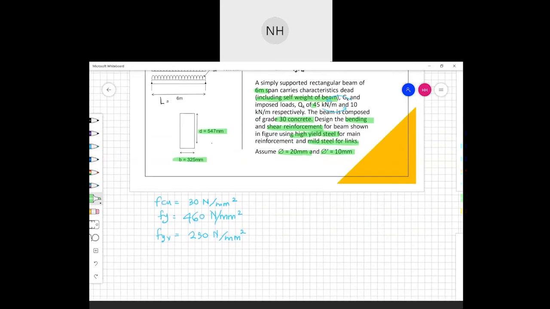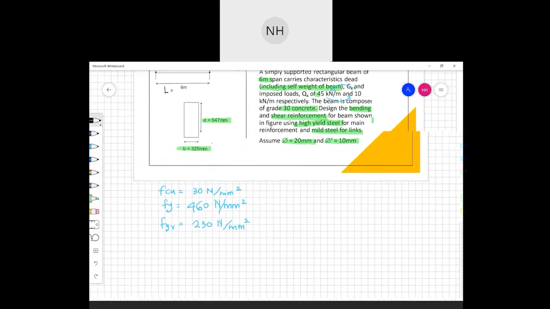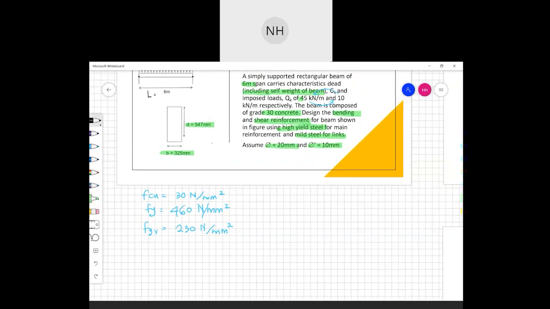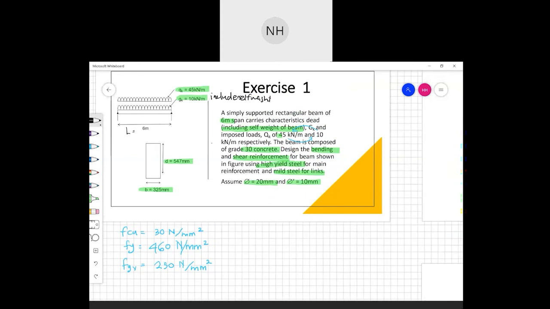Cara kira dia akan hampir sama dengan example 2 lah. Since D is given. Example 1 dia bagi H, example 2 dia bagi D, tapi H tak ada. Alright. First, kita tak perlu kira self weight since in the question dia dah bagi including self weight. But if let's say dalam soalan kata tak termasuk self weight, meaning you kena kira self weight.